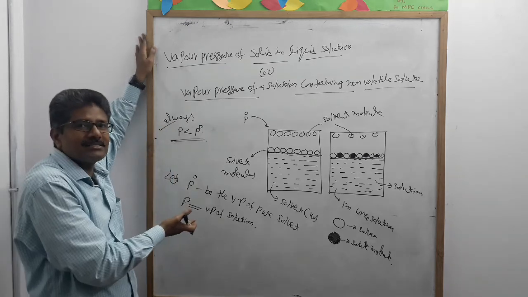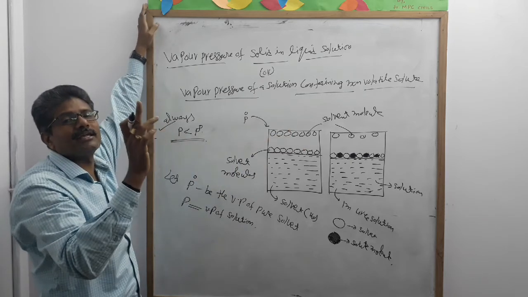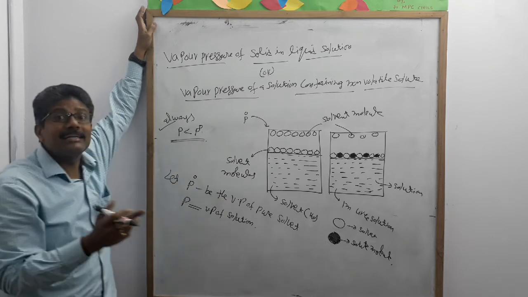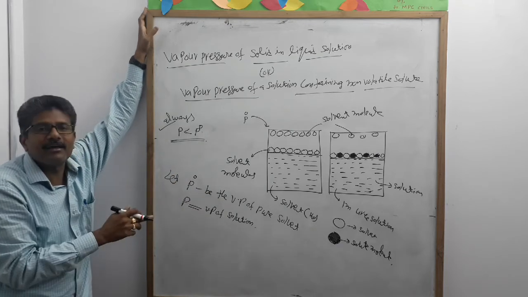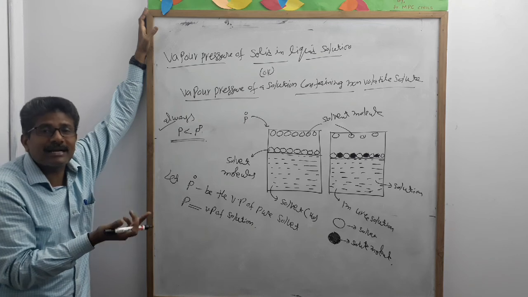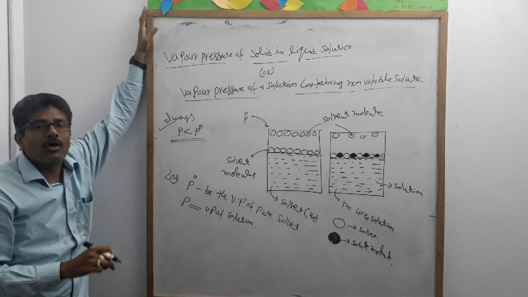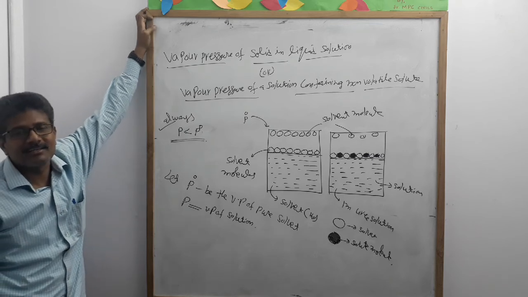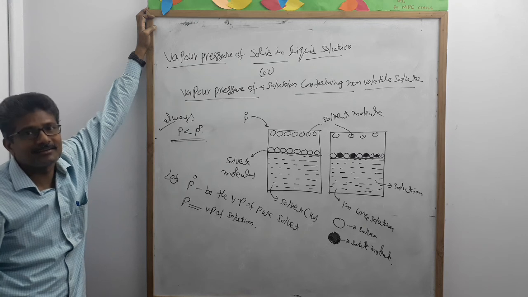I told you the reason: in P naught and P, only solvent molecules exert pressure. The difference between the vapor pressure of the pure solvent and the vapor pressure of the solution containing a non-volatile solute is called lowering of vapor pressure.